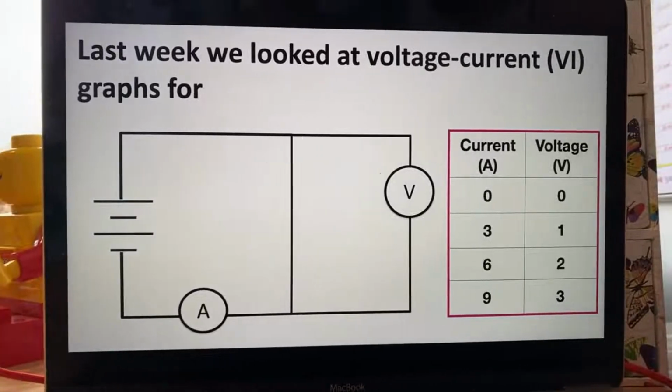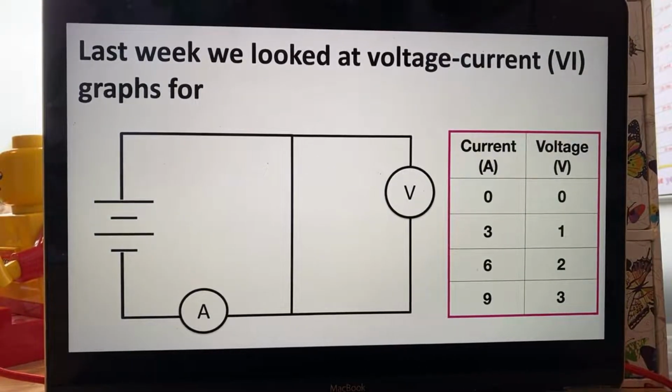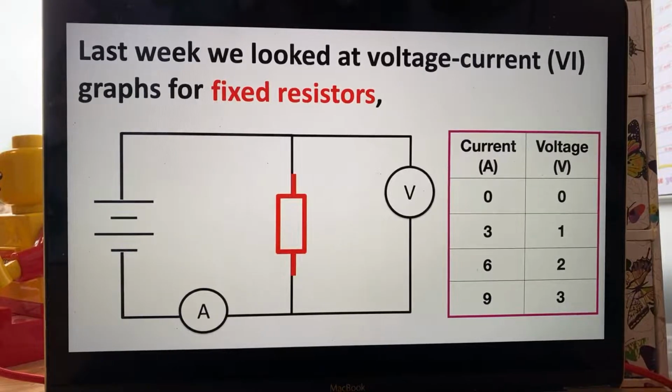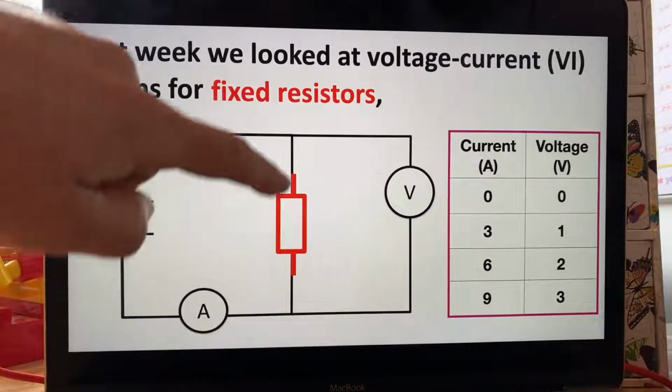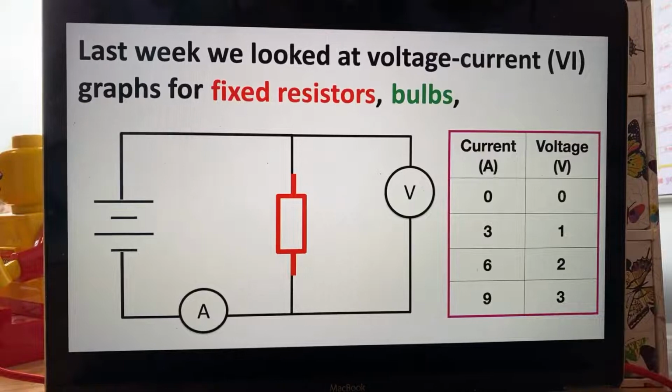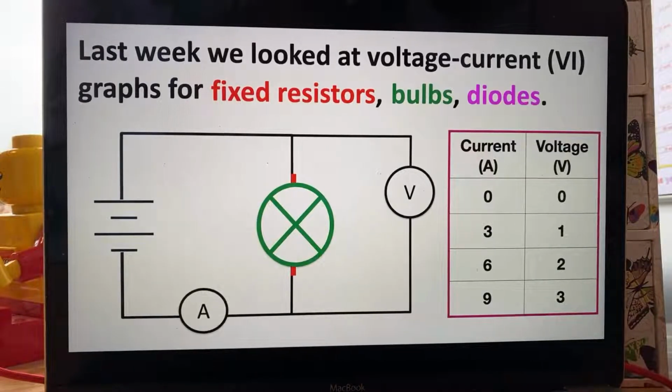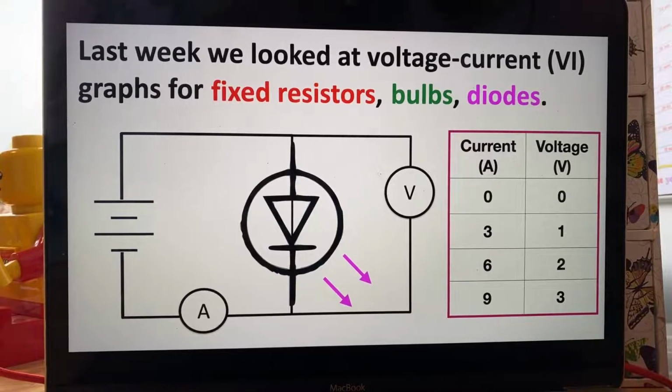Last week we looked at voltage current graphs for fixed resistors, that's the symbol for a fixed resistor, a rectangle, the resistance doesn't change. We looked at voltage current graphs for bulbs, the circle with a cross through it, and diodes, the triangle with the line and the arrows.